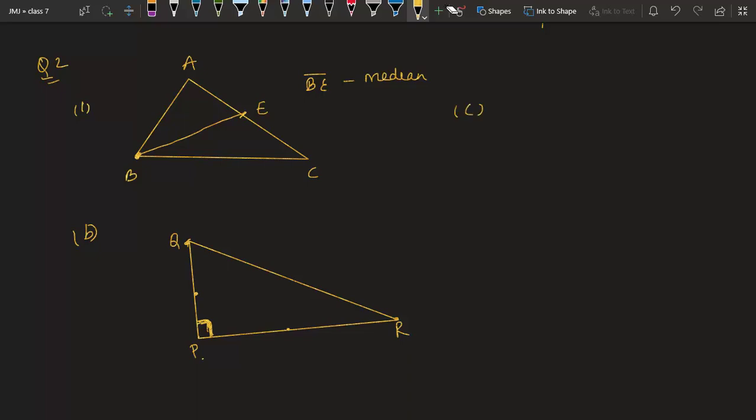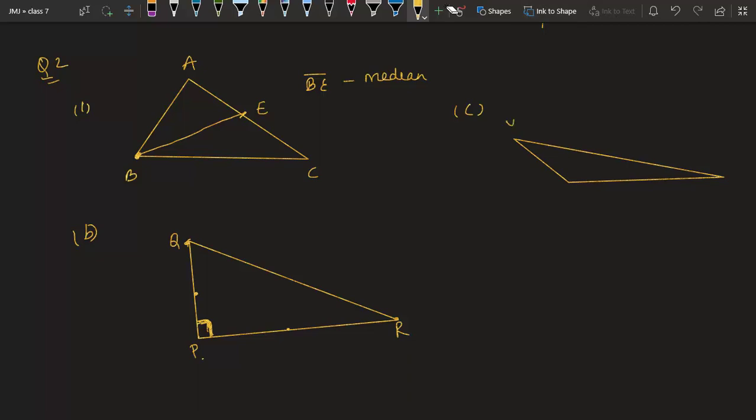Now the third diagram, in triangle XYZ, YL is an altitude in the exterior of the triangle, sorry. So let me draw a triangle. In such case, triangle will be like this, because here the altitude is coming outside. In this triangle only it will come outside. Okay, so YL is coming outside.